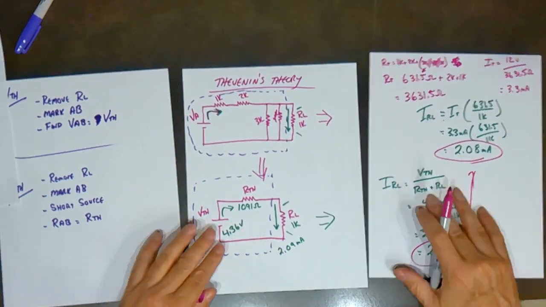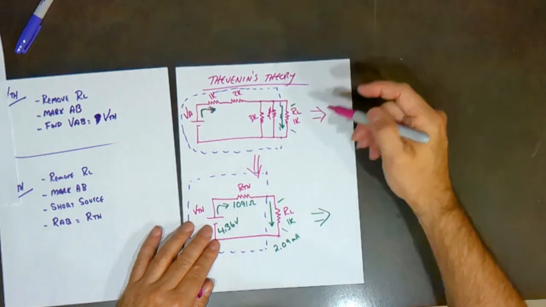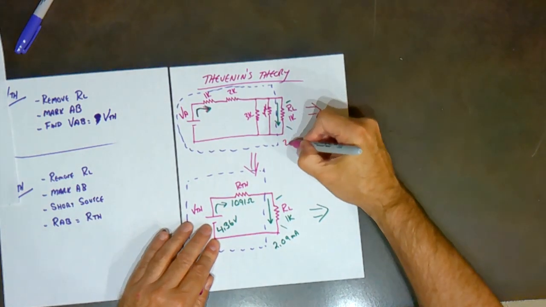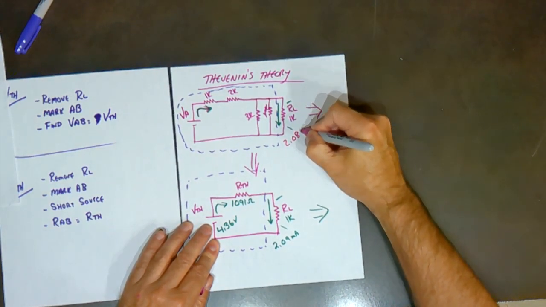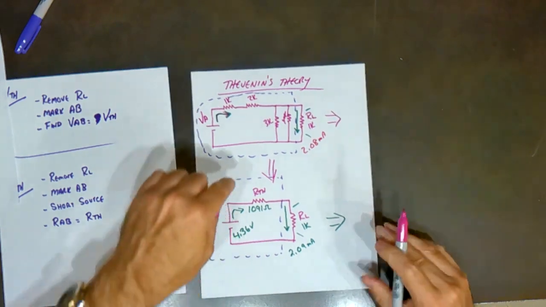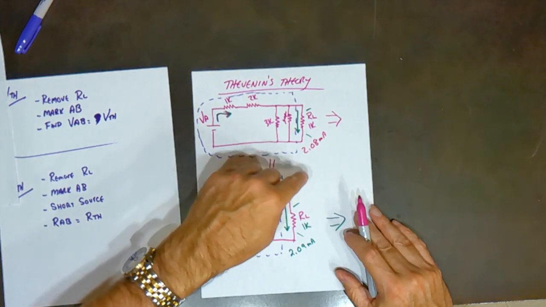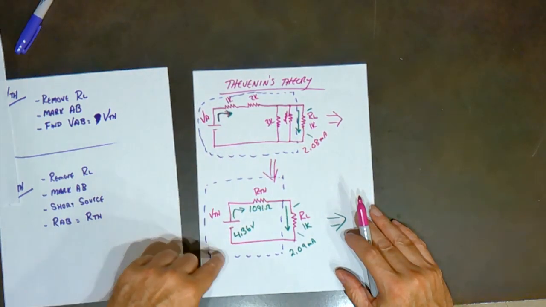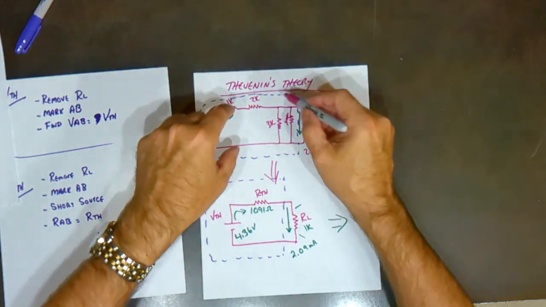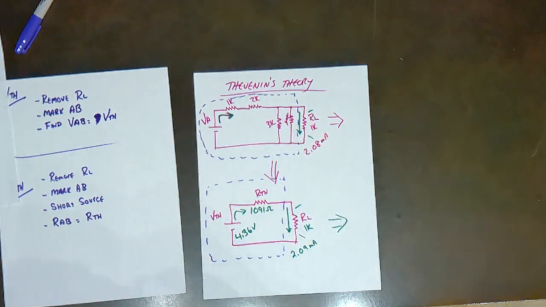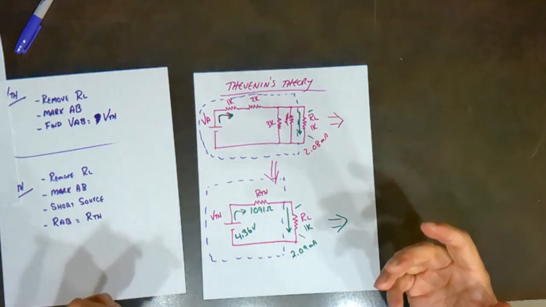Therefore, when it comes to looking at the load, 2.08 milliamps, this box puts out the same current to the load as this box. So that means that the two boxes are electrically identical.